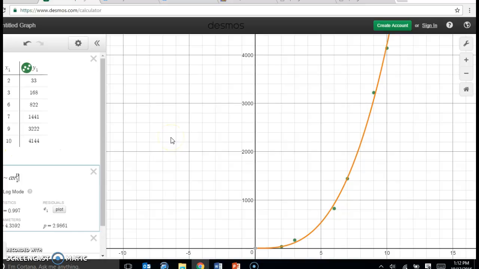You can change it in the table. So now it's showing a power function for us. This a value is the coefficient in front of our x, and the p value is our power. So the equation that best represents our data is 4.3592 x to the power of 2.9861.